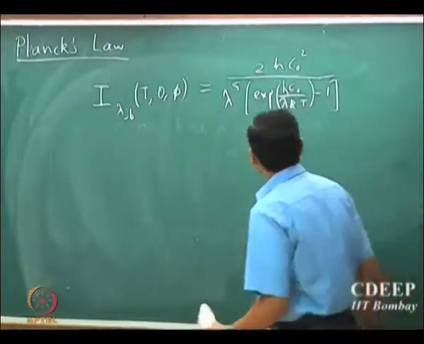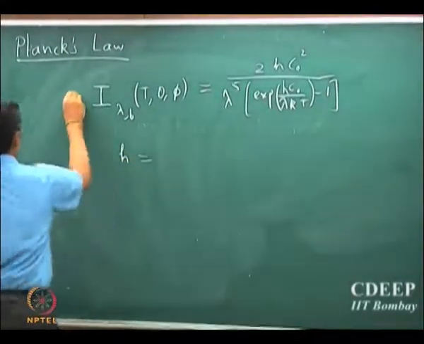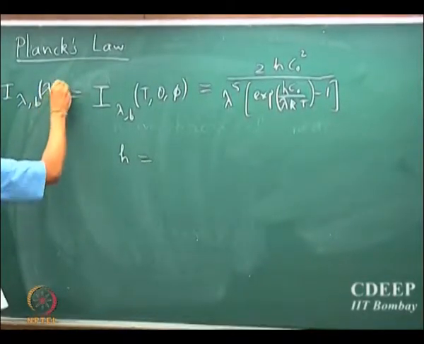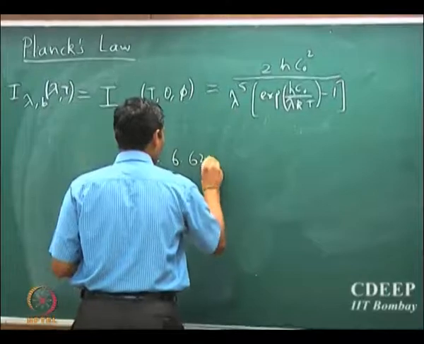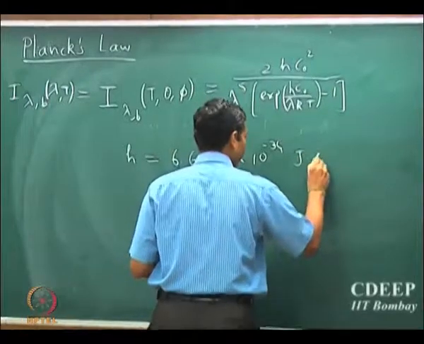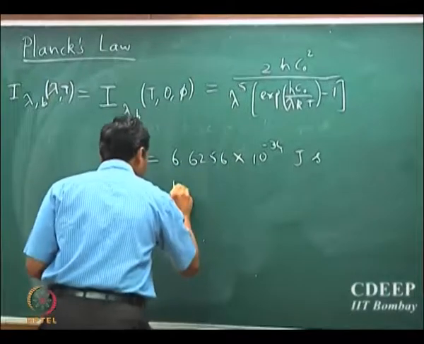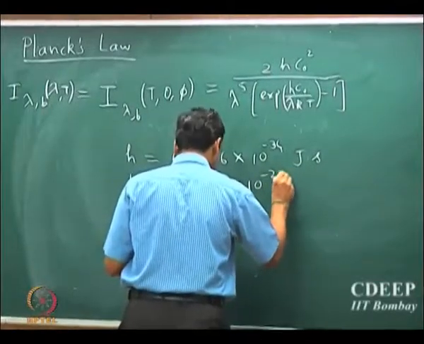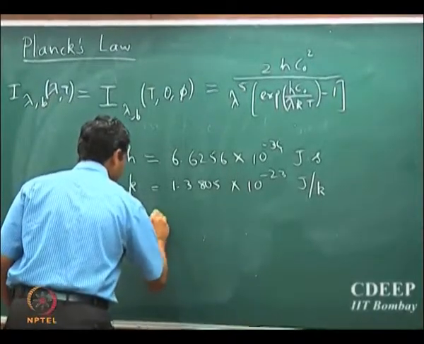Okay. And there are some constants that I should write here. The constant h, and note that it is a diffuse emitter, therefore it is only a function of lambda and temperature. So the Planck's constant is 6.6256 into 10 power minus 34 joule second, and K is the Boltzmann constant, that is 1.3805 into 10 power minus 23 joule per Kelvin, and c naught is the speed of light.